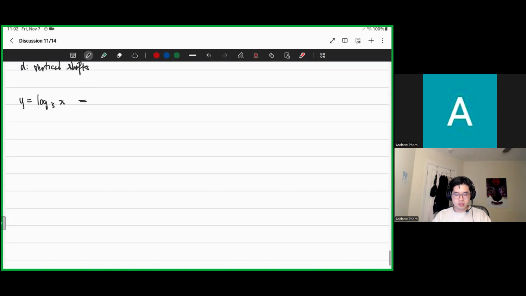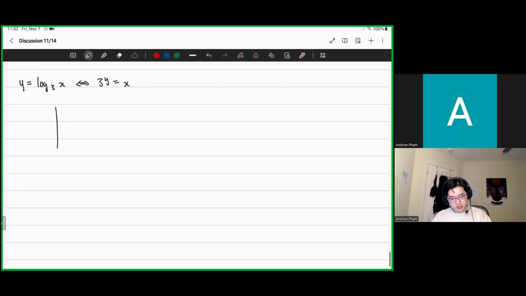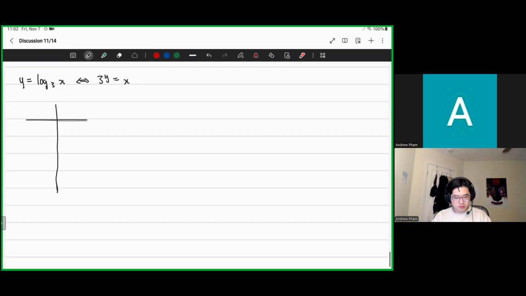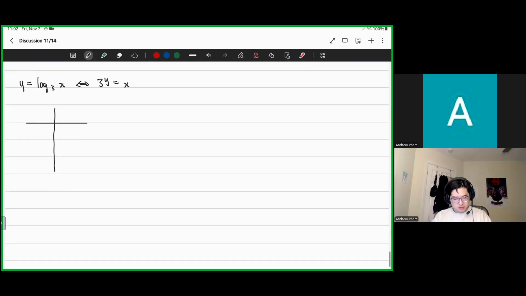This is equivalent to saying 3 to the y is equal to x. Okay. So I have two forms now. I have a representation of y and a representation of x. So that's all you have to think about.